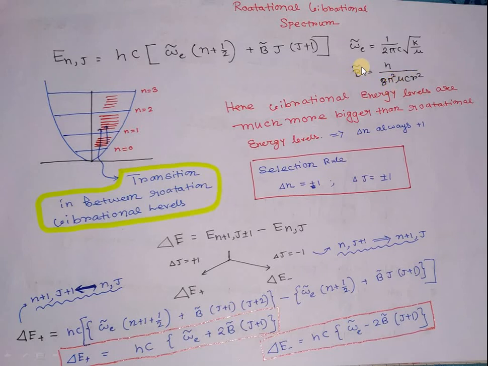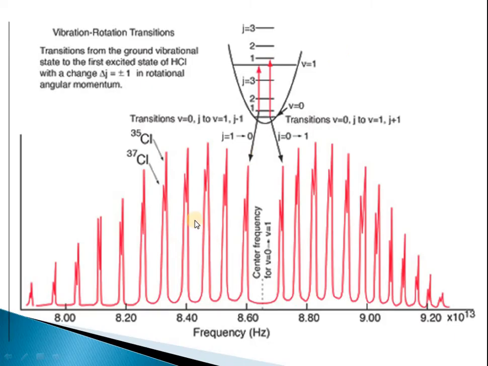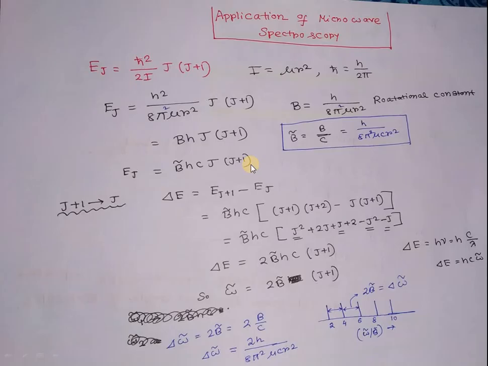So this B term depends upon the bond length of the molecule. If the bond length of the molecule is more, the B will be less. If the bond length is less, the B will be more. So the separation between the two lines is not constant for all molecules. It changes from molecule to molecule.